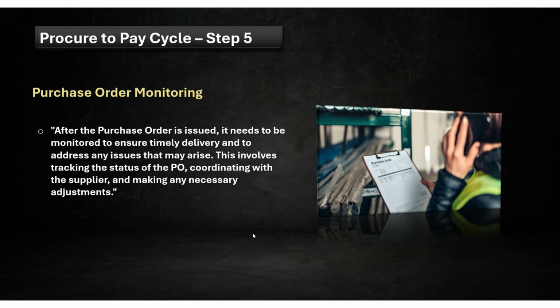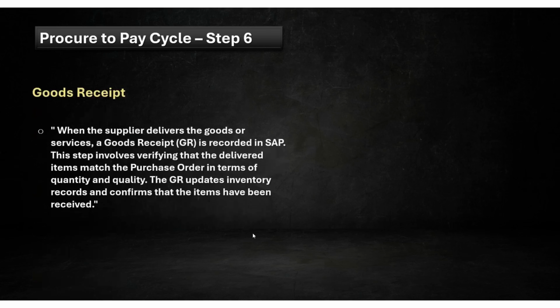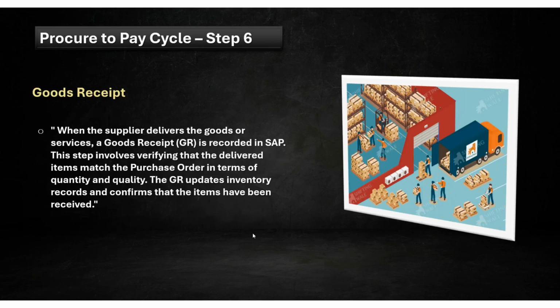Let's move on to the next stage, goods receipt. So now the next big step is receiving the goods. Once the Steelco delivers the steel to our warehouse, we need to record a goods receipt in the SAP. This confirms that the materials have arrived and updates our inventory.